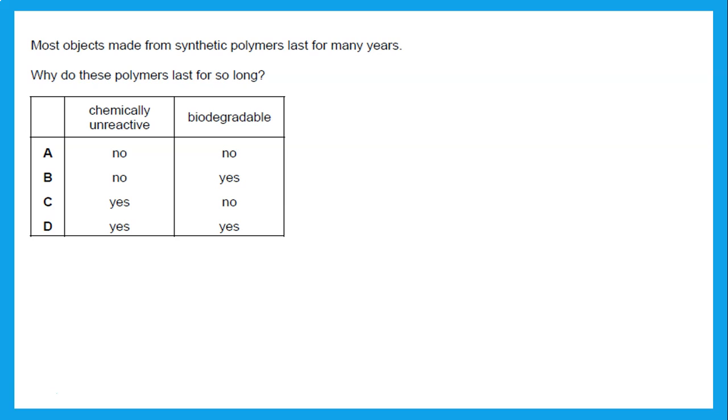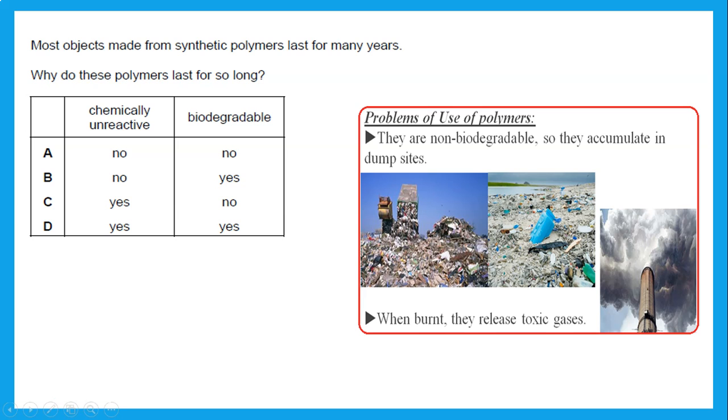Most objects made from synthetic polymers last for many years. Why do polymers last for so long? Remember, the disadvantages of polymers or the problems of the use of polymers is they are non-biodegradable, and we said that means the bacteria cannot break them down, and therefore they accumulate in dump sites.